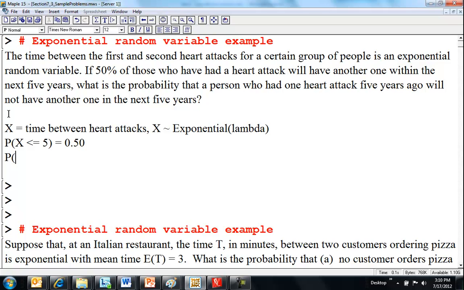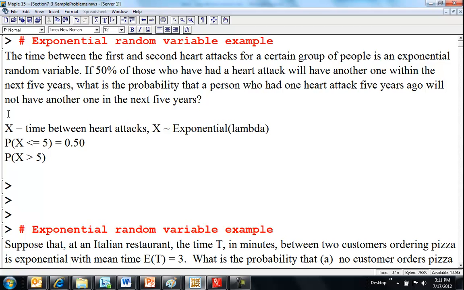What's the probability they're not going to have another one in the next 5 years, which means what's the probability x is greater than 5 now? So no matter when you start, even if we looked at them in 2 years and they haven't had a heart attack, and we say what's the probability it's going to be another 5 years, it doesn't matter when we started.